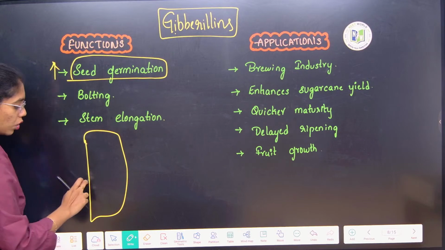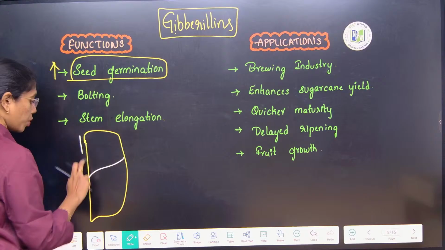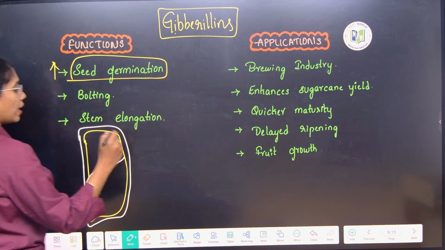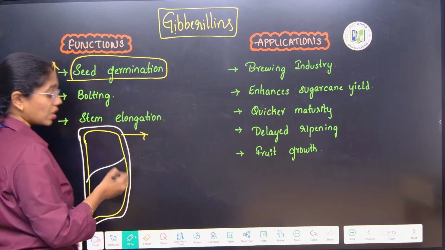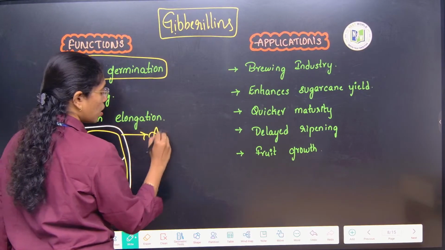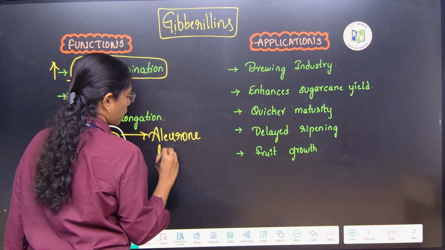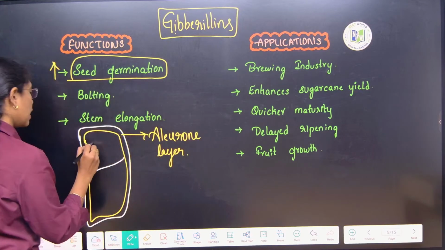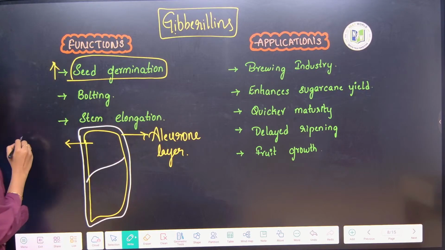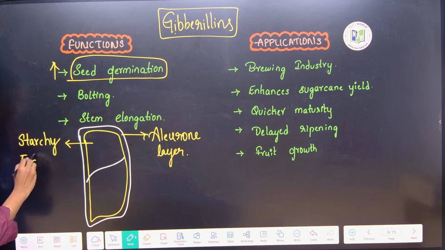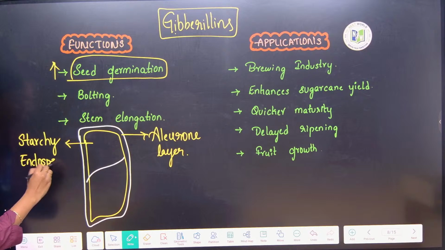So here we know maize seeds have endosperm. It has two types of endosperm. One is the proteinaceous layer, that is the aleurone layer. Second is the starchy endosperm.